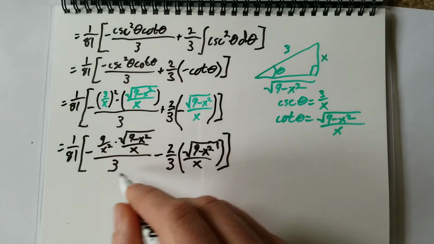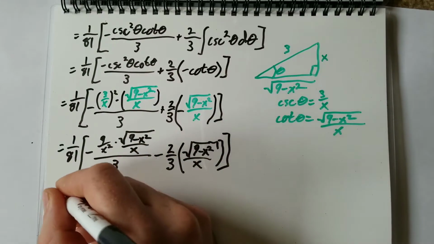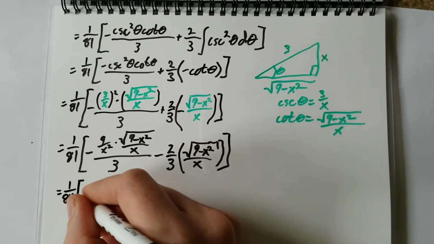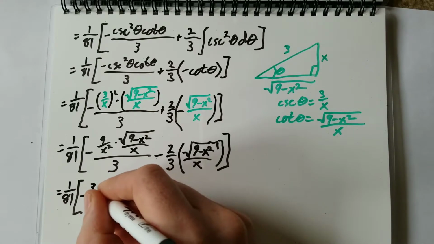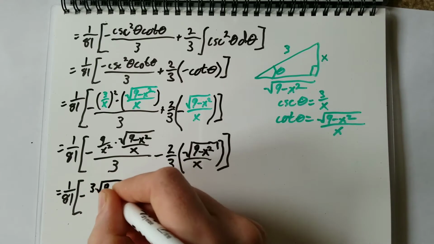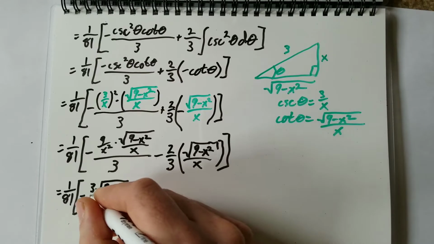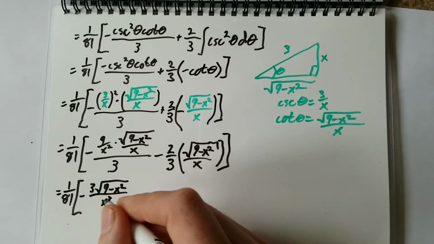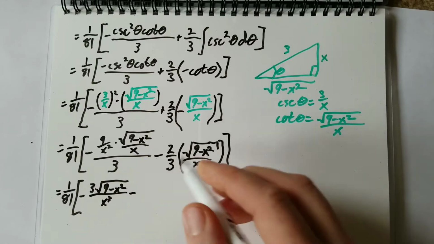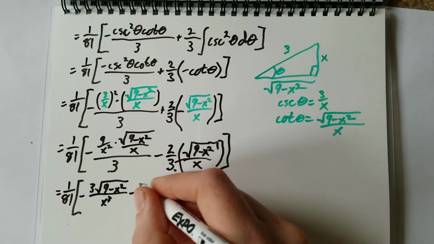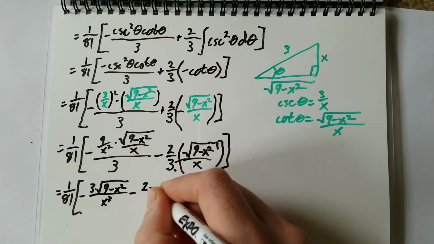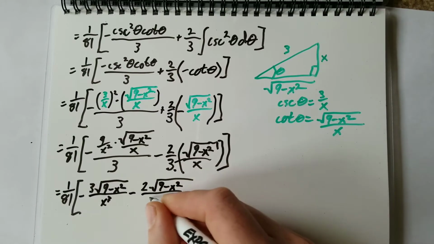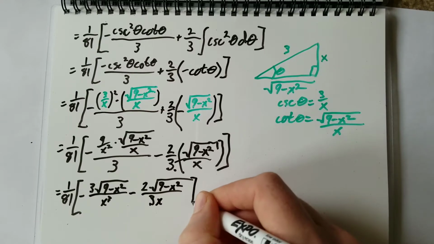Now if we clean up this side right here, we end up with 1 over 81 times negative 3 square root of 9 minus x squared over x to the third, minus, and cleaning this up right here, we end up with 2 square root of 9 minus x squared over 3x.